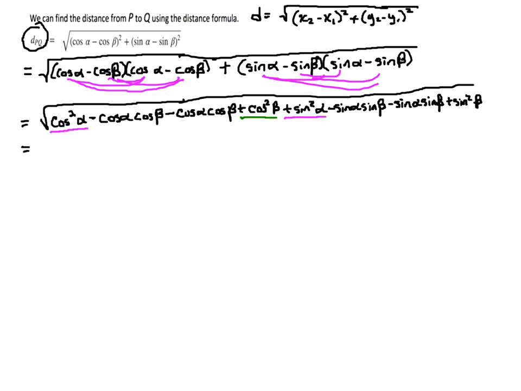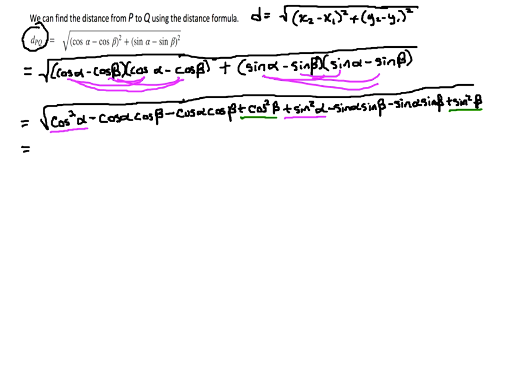And I've got cosine squared beta and sine squared beta, that when I add those together, I just get 1. I get 1 for each of those, because remember our Pythagorean identity says cosine squared theta plus sine squared theta equals 1. So I'm going to put those together and call them each 1.